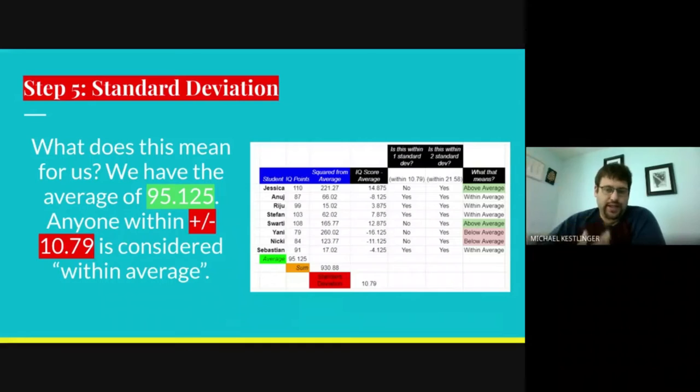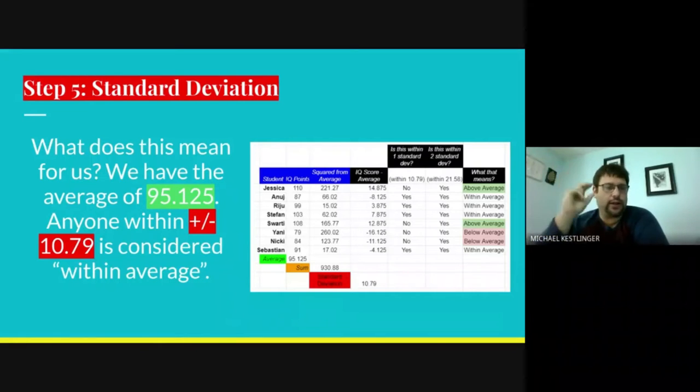If she was above 21.58, because that's 2 steps, she would be super above average. We can do this for the rest of our students. Out of all the kids, 4 of them are considered average, 2 of them are above average, and 2 of them are below average.